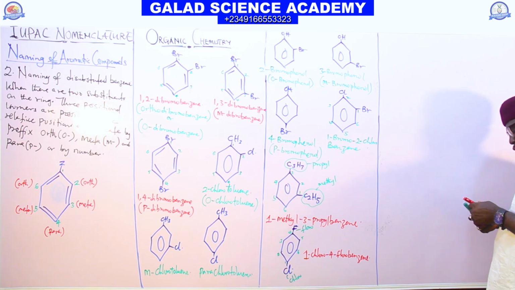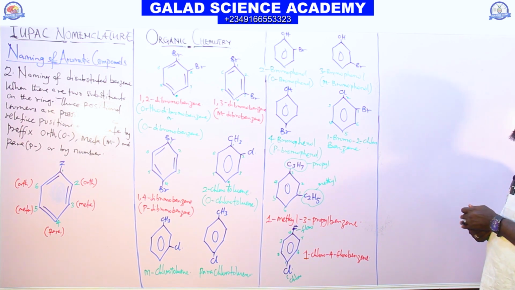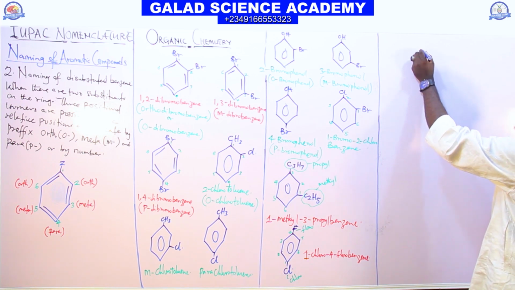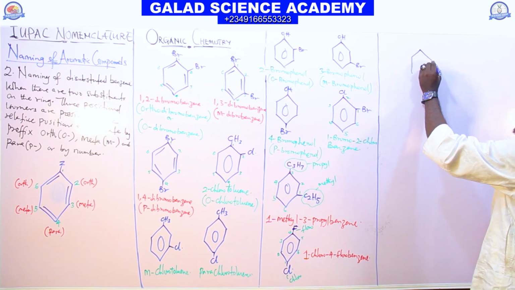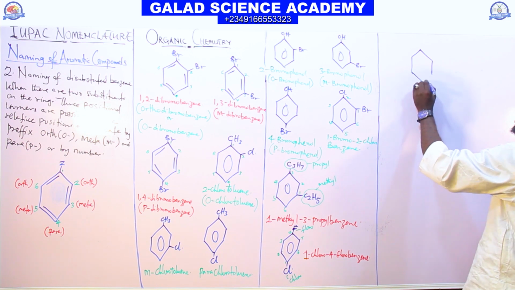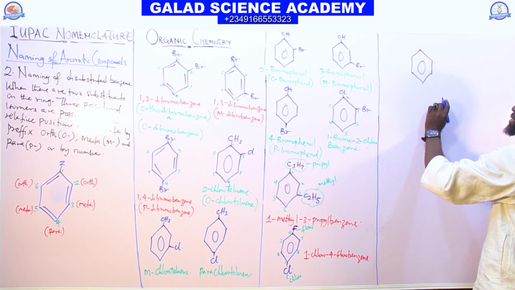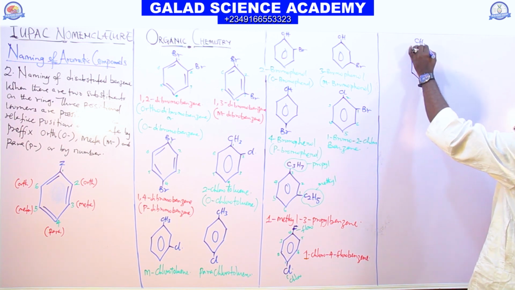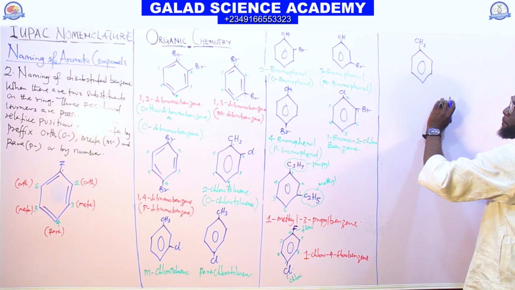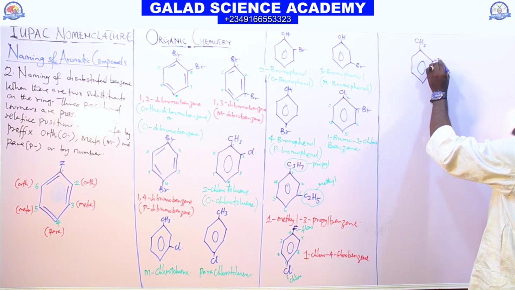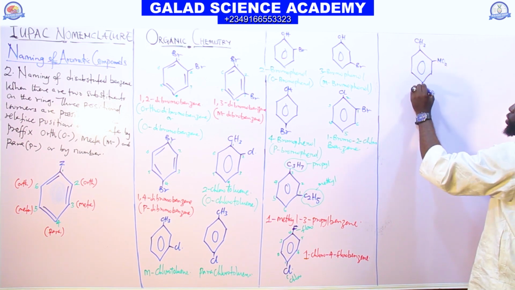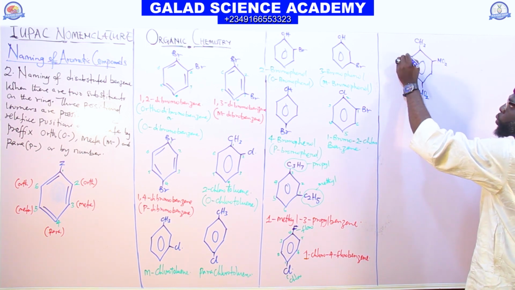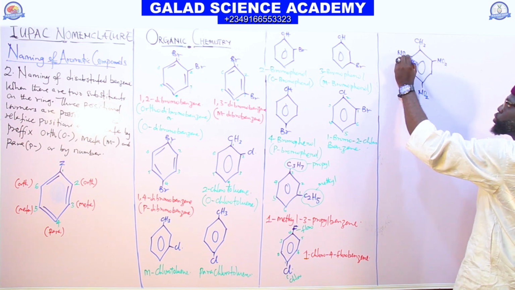Let me give you a complex one to name. A compound like this: benzene, CH3, NO2, NO2, NO2.